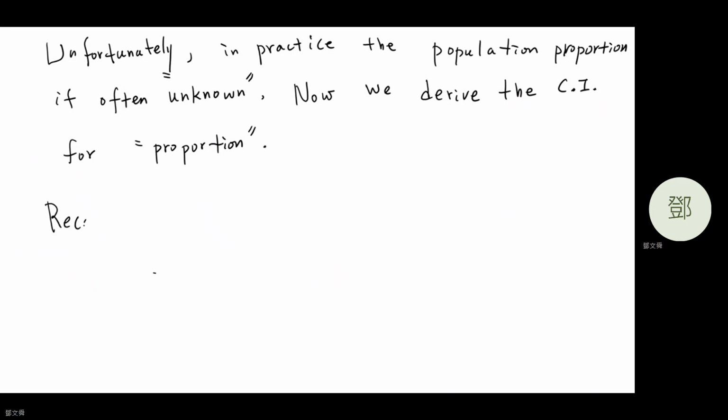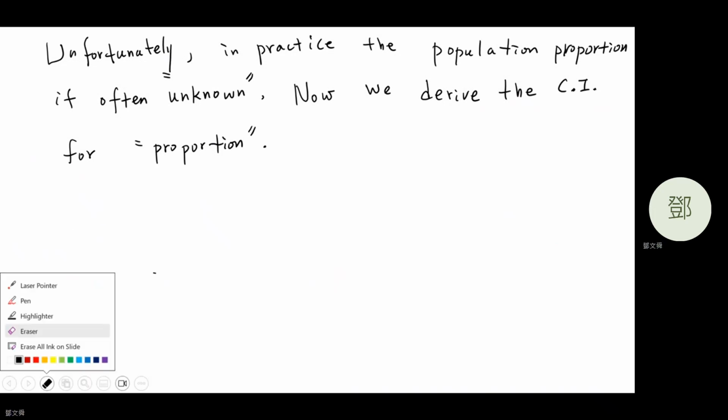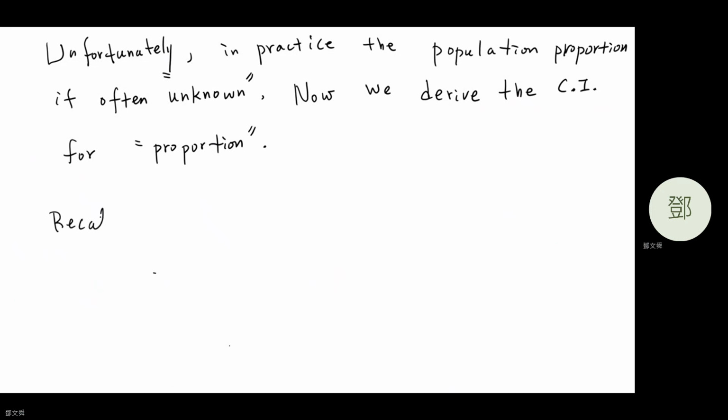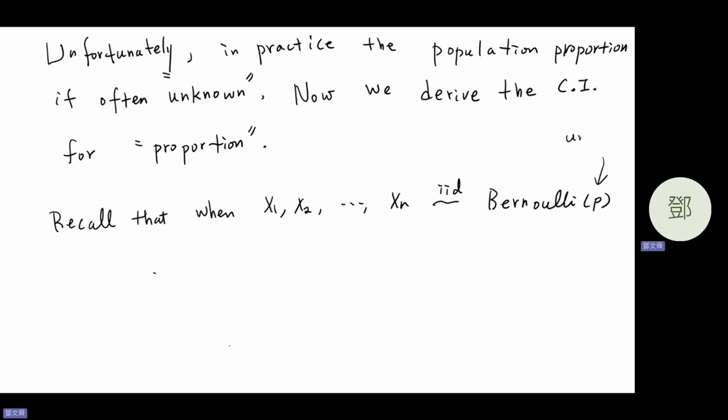I recall that when x1, x2, all the way to xn are IID, independent and identically distributed Bernoulli random variables, here P is unknown. All right?